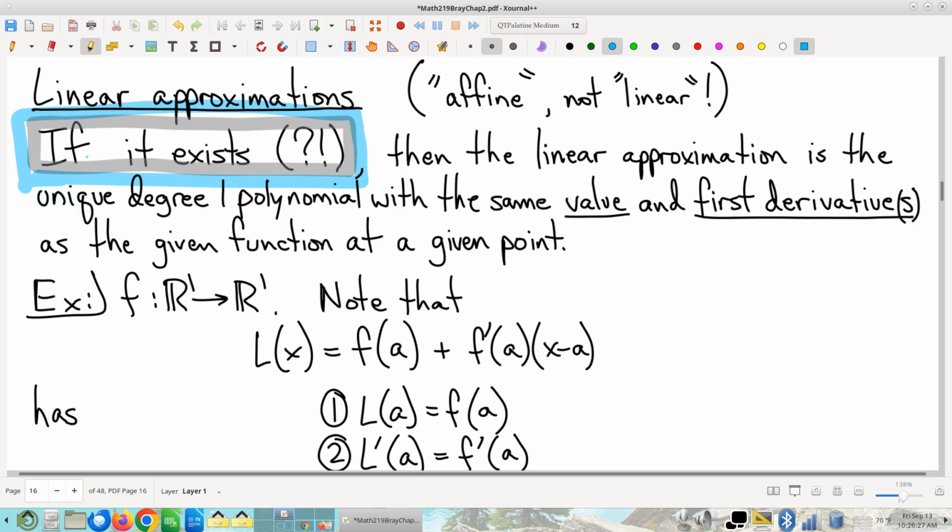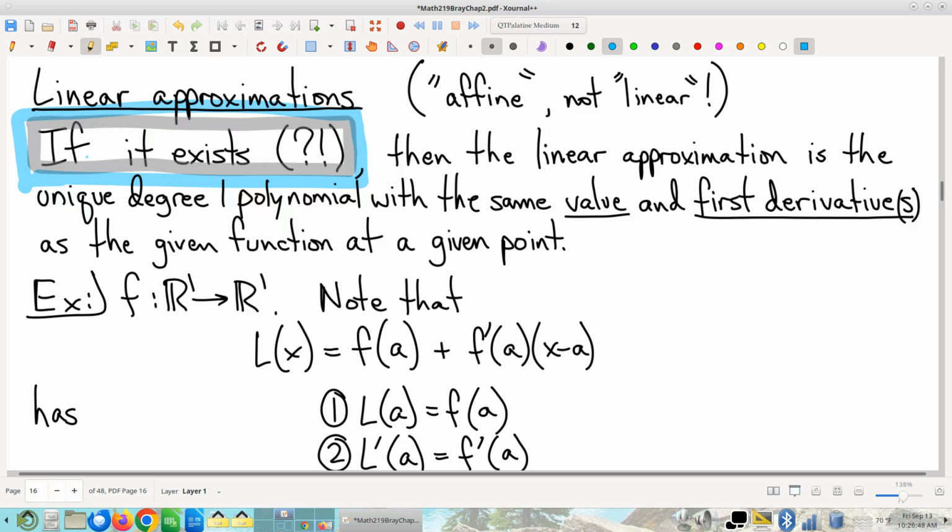But for the most part, we're just going to assume linear approximations exist, and then I'm going to show you a really handy little computational quickie that will allow you to establish with full mathematical rigor that a linear approximation exists. Anyway, we'll get to that.